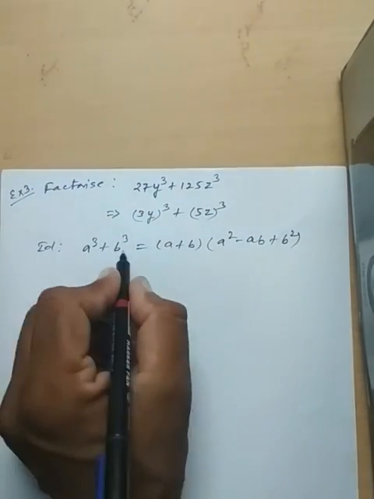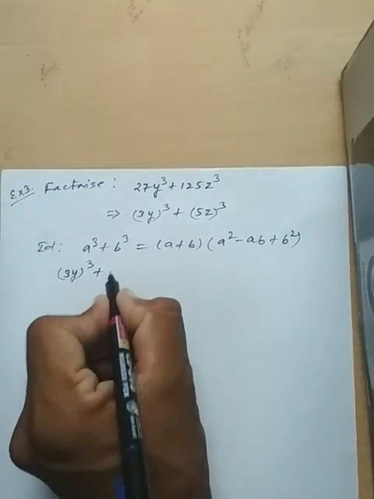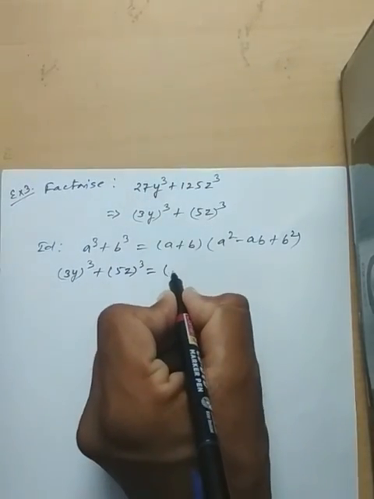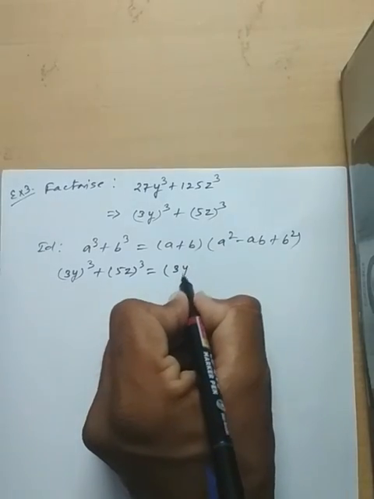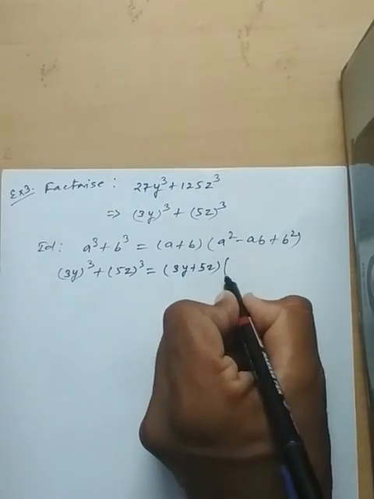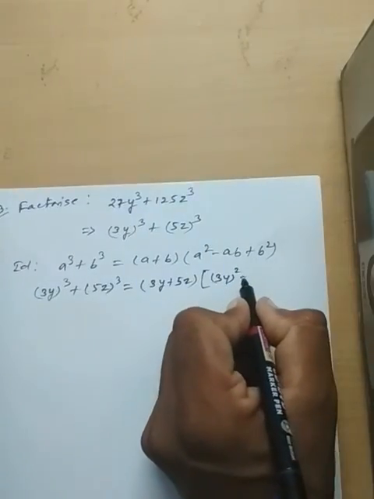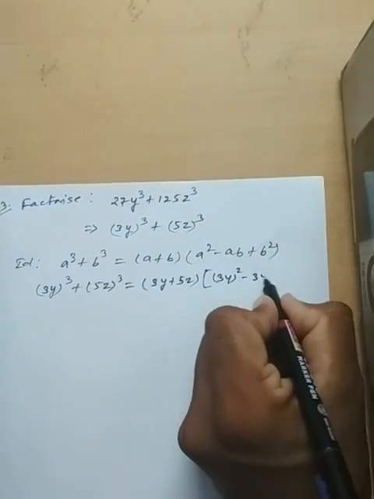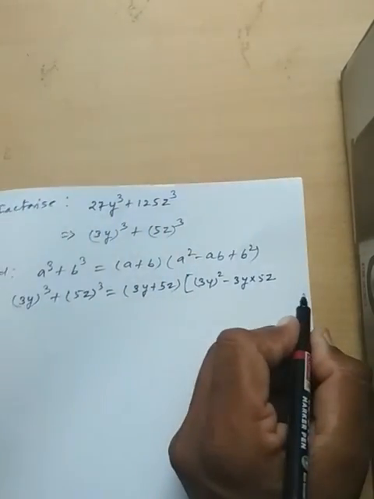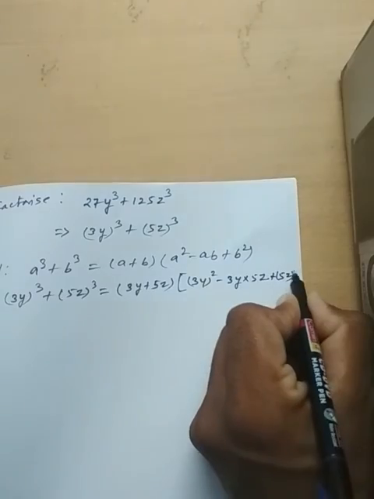Put the values of a and b, 3y and 5z. So (3y plus 5z), in the next bracket (3y)² minus 3y into 5z, and again (5z)².